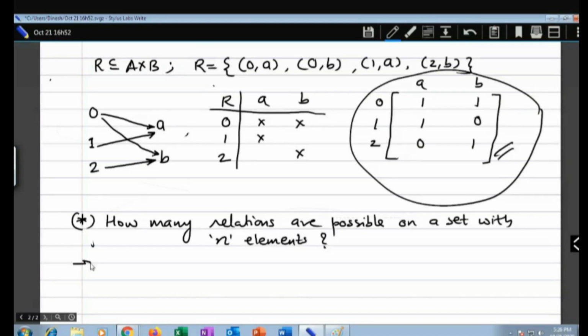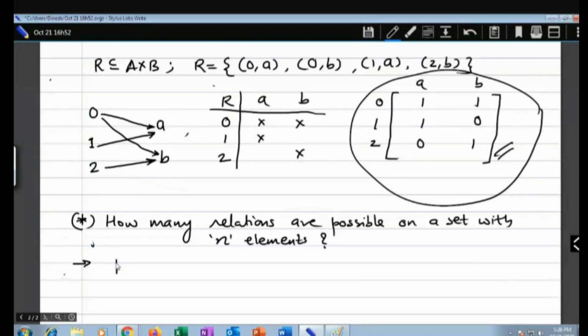Can you quickly post your answers in the comment box or the chat box? How many relations are possible with a set of n elements?